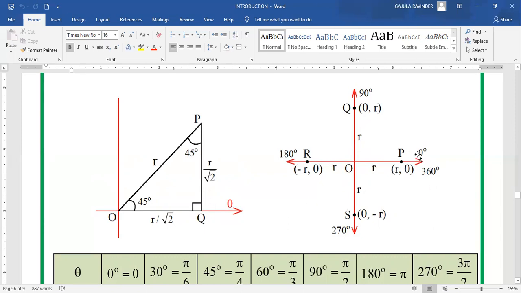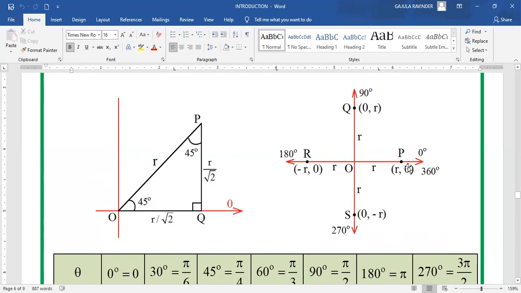So for this one, if you go for sine, cos, tan, cot, all this according to the definitions, sine 0 degrees can be taken as y coordinate by r. Y coordinate is 0, so that it will be 0. Whereas cos is x coordinate by r, r by r is 1, so that cos 0 is 1. Whereas tan 0 is sine 0 by cos 0, otherwise y by x, which is 0 by r, means 0.